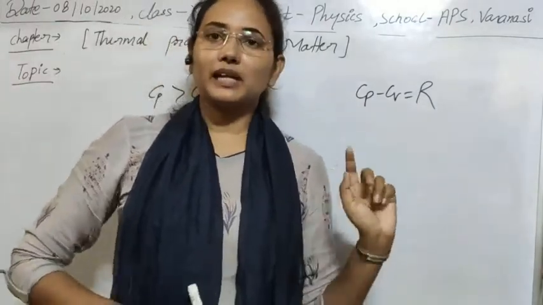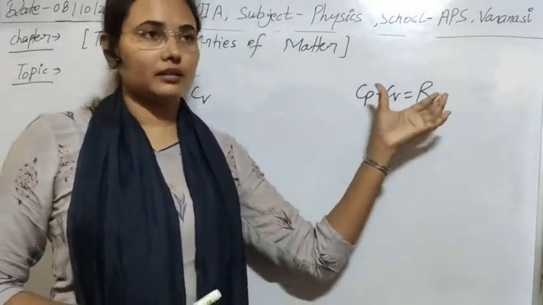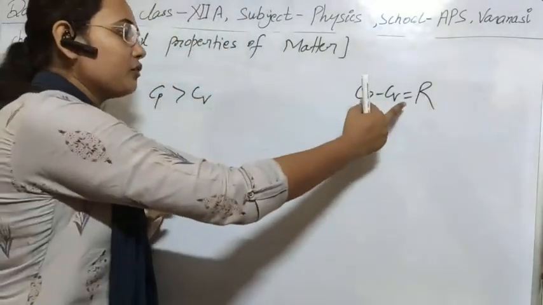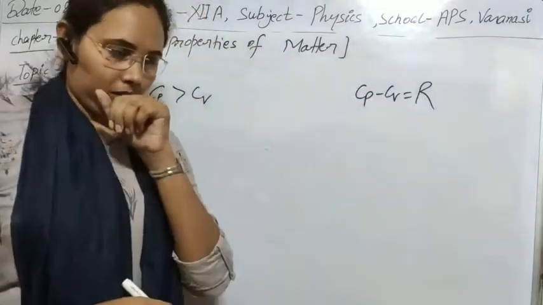I will explain it in the next unit, then it's a proof. I'll explain that later. But from this formula, it's very clear that Cp is greater than Cv.